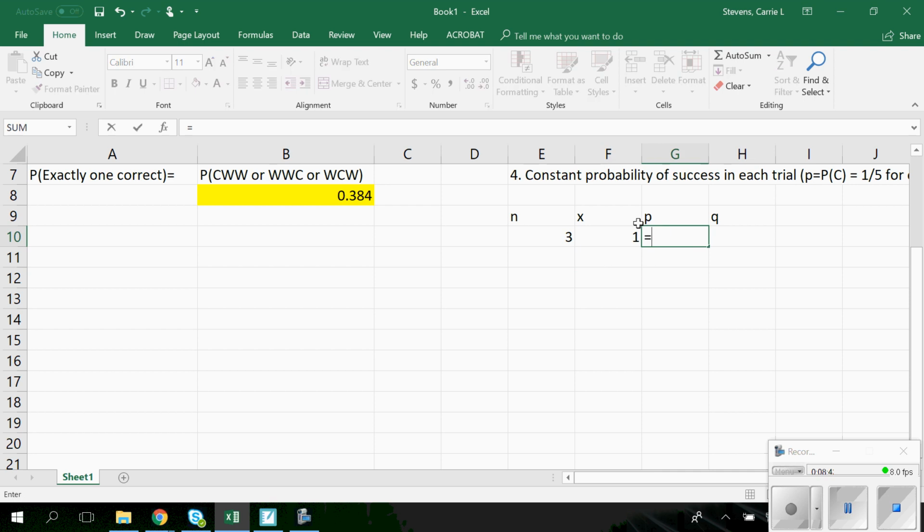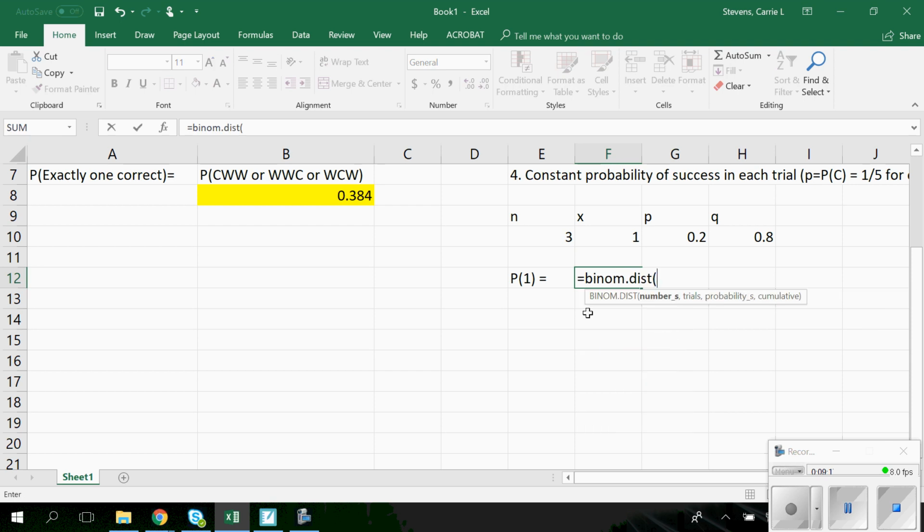Probability of success we know is 1 out of 5, and the probability of failure is 1 minus p, or 4 out of 5. Notice that p and q always add up to 1. You could also just make this equal to 1 minus p. That works fine.